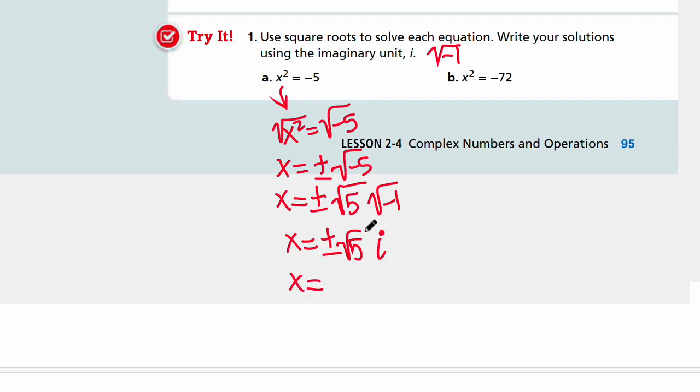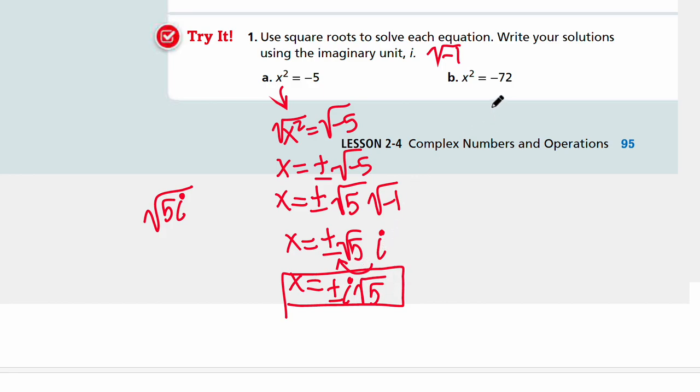So in order to prevent confusion where you don't want to write i inside the square root, we're going to move i in front of the square root so that we clearly define that i is multiplied by the square root of 5. Okay, so i should be written in front of the square roots.